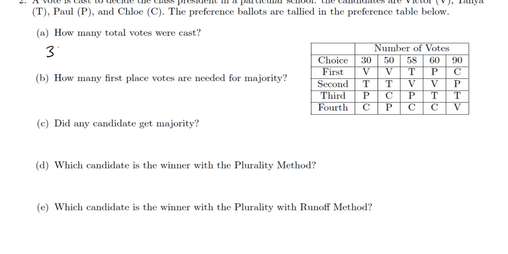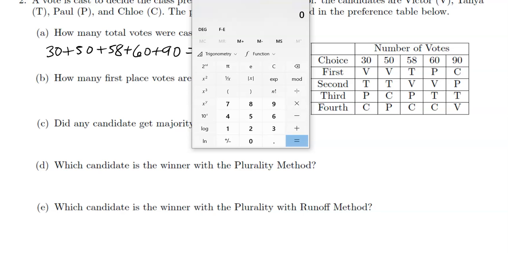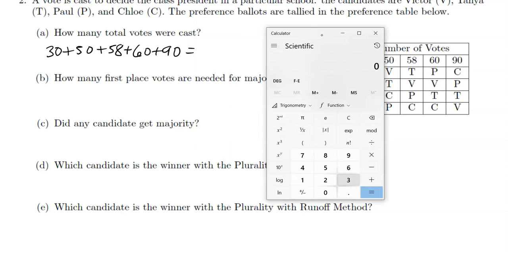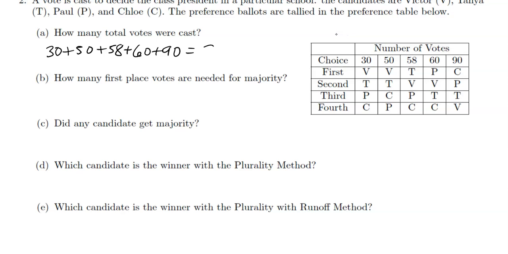So 30 plus 50 plus 58 plus 60 plus 90 is going to be our vote total. So we can grab our calculator and see what that's going to be. 30 and 50, 58, 60, and 90 gives us 288 total.